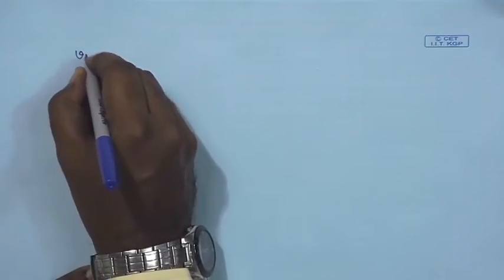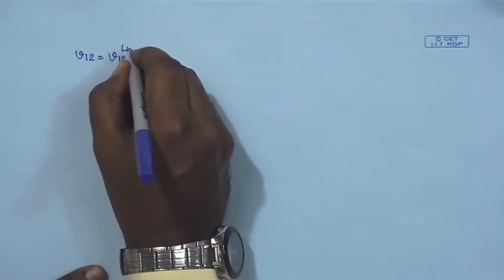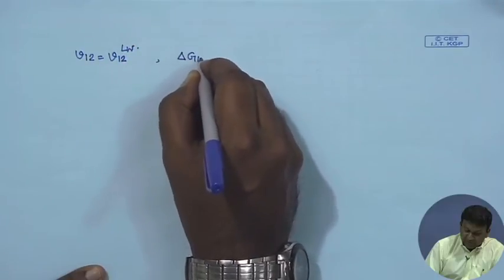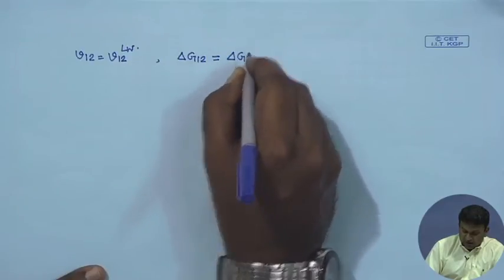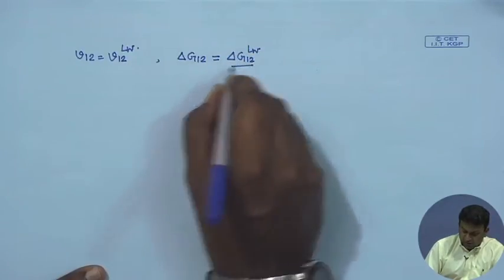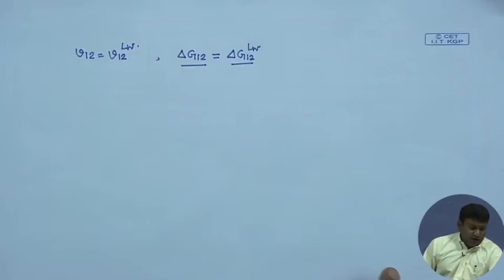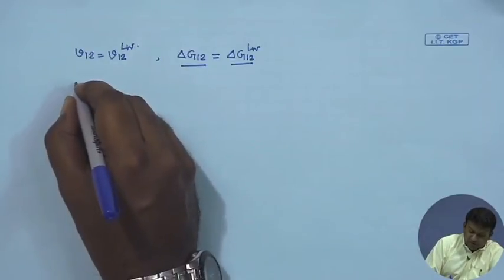Let us assume that V 1 2 comprises only the van der Waals interaction, and as a consequence the delta G 1 2 we get is delta G 1 2 due to the LW component of the van der Waals forces.